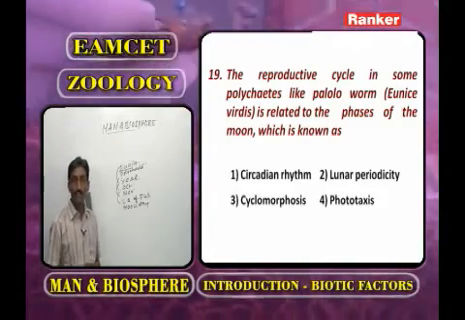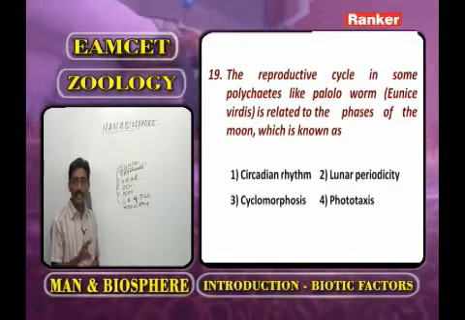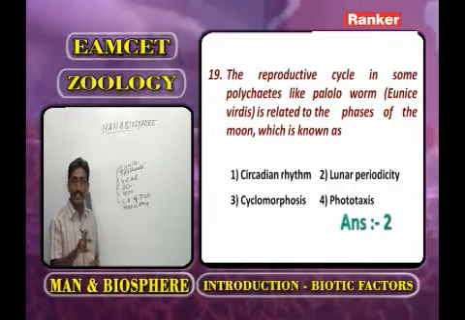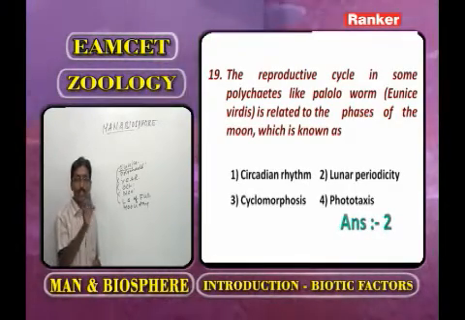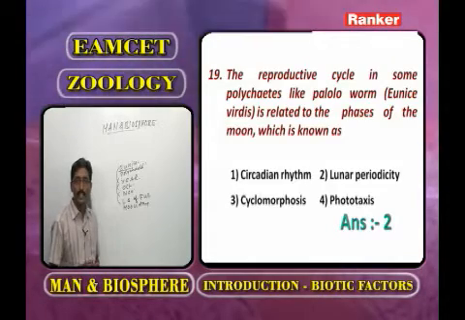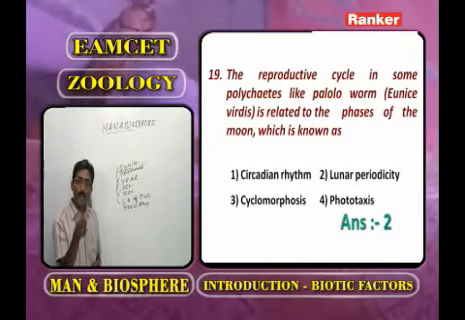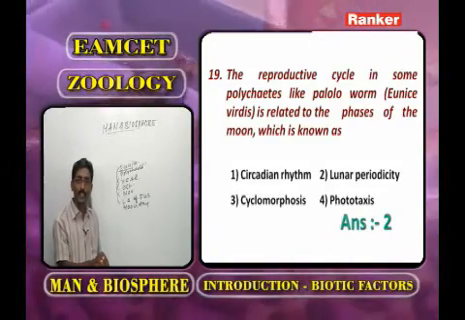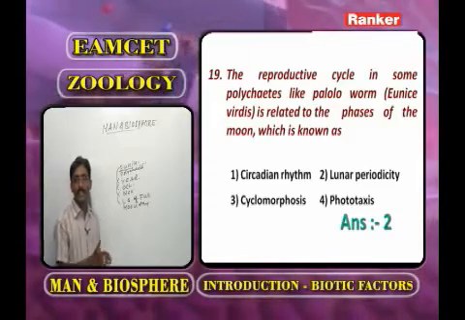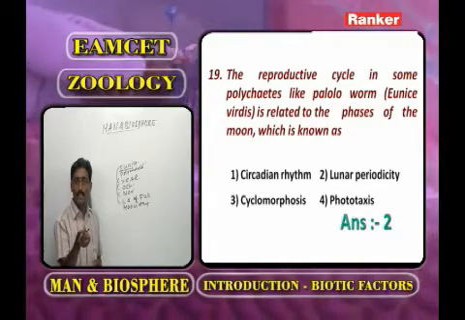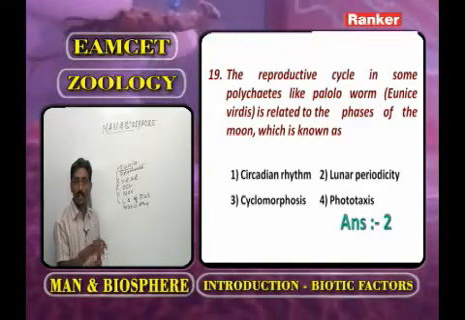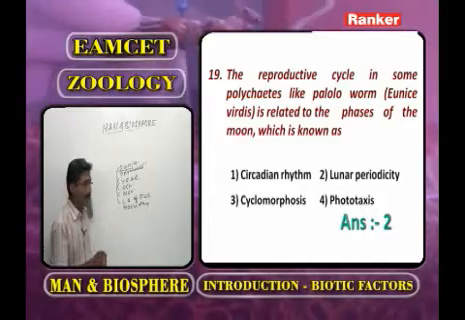In the options, if circadian rhythm and lunar periodicity both are present, first you go for lunar periodicity. If lunar periodicity is not present in the options, you go for circadian rhythm. Lunar periodicity is an example of circadian rhythm. Now we go for the next question.